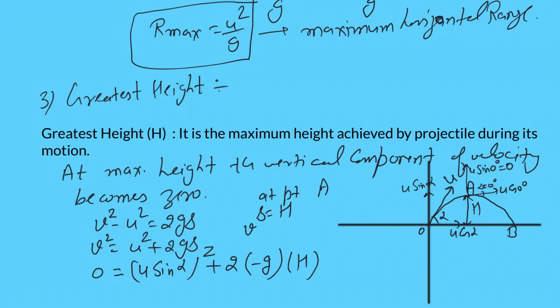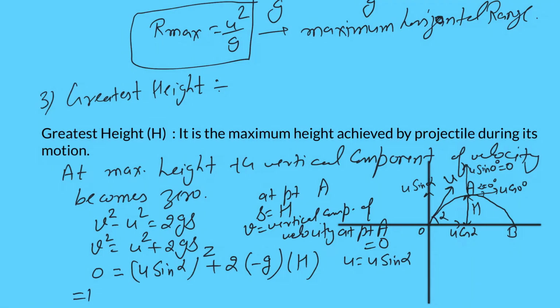v is the vertical component of velocity at point A, which is 0, and u is the initial vertical component of the velocity.